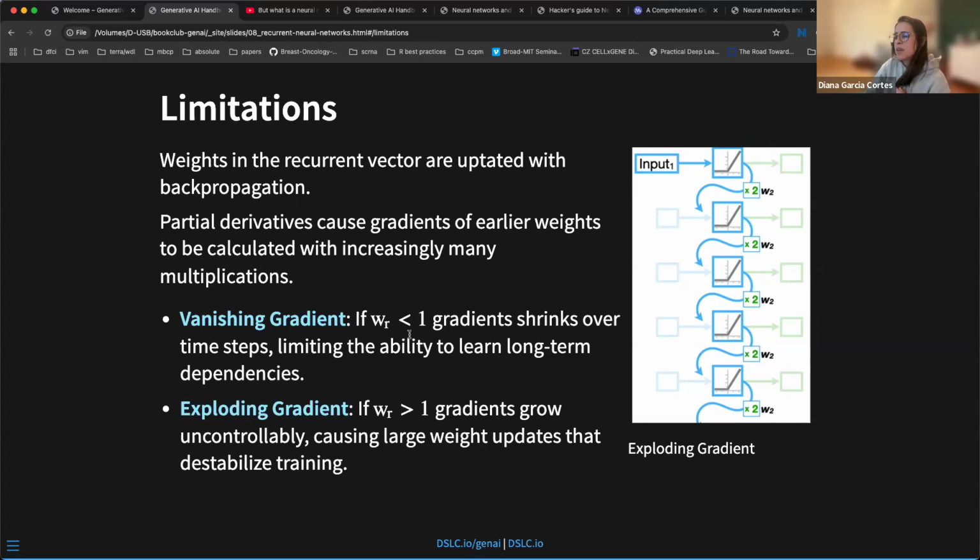That happens when the weights are less than one, but when the weights are greater than one, the multiplications will cause the gradient to explode, and it will be really hard to train the network, because we're going to be jumping from close to the minima to some other value in the training algorithm. So those are the main limitations.